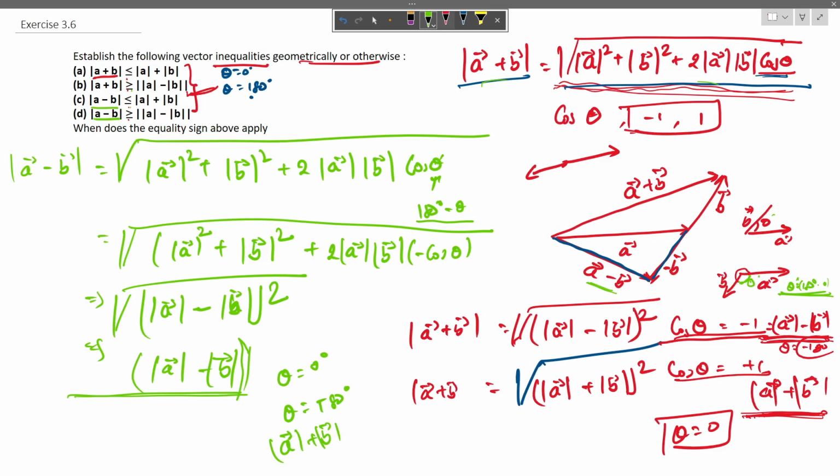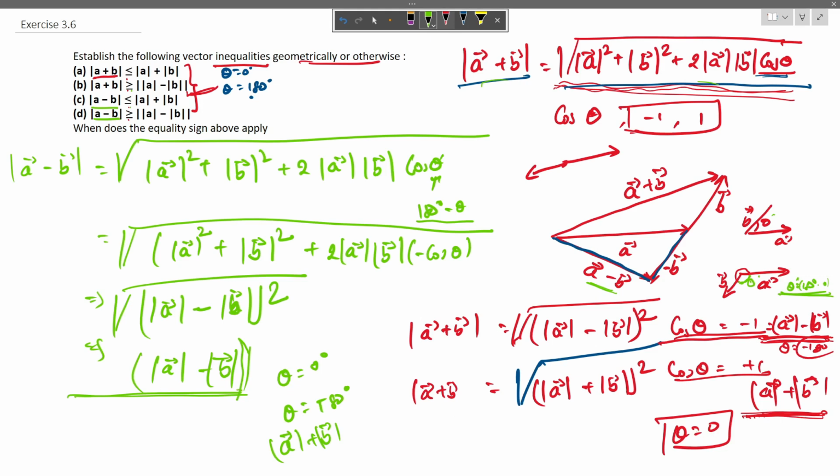So we saw from the previous case that if both of the vectors were pointing in the same direction, or theta was 0, then the value was a plus b, and in this case the value, when theta equals 0, is a minus b.